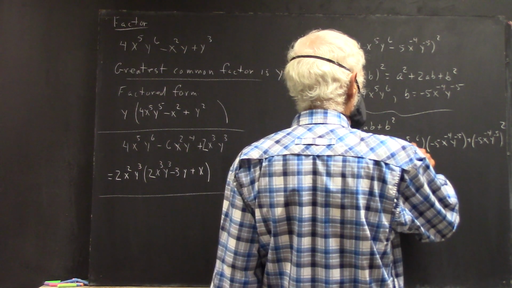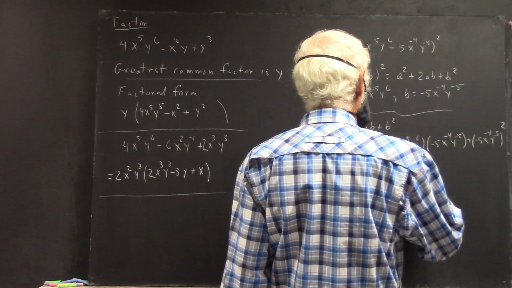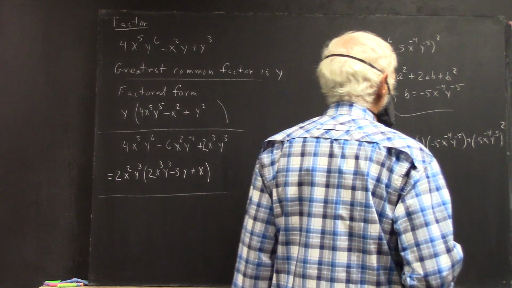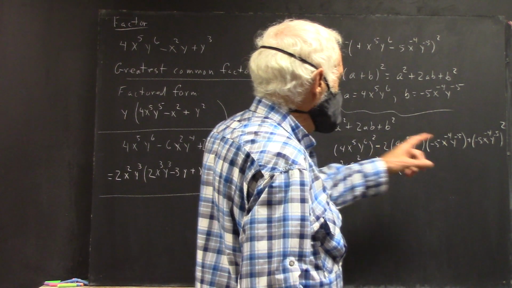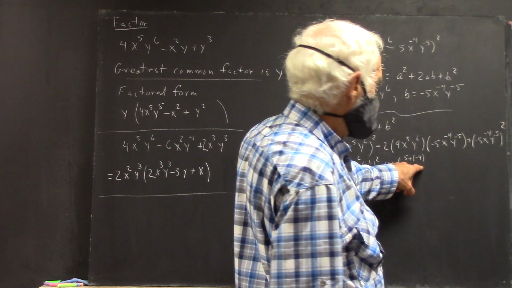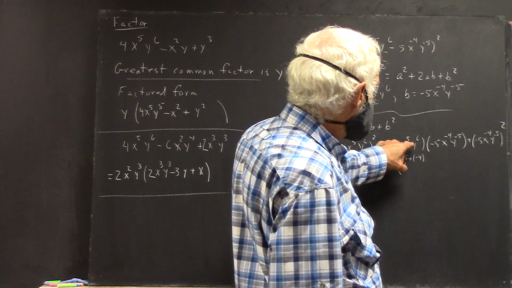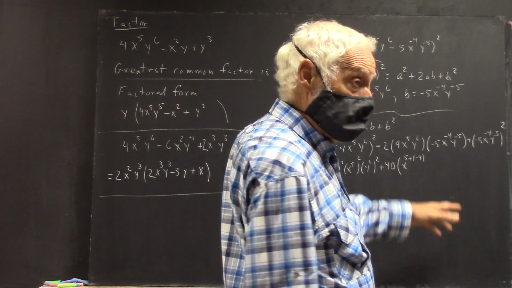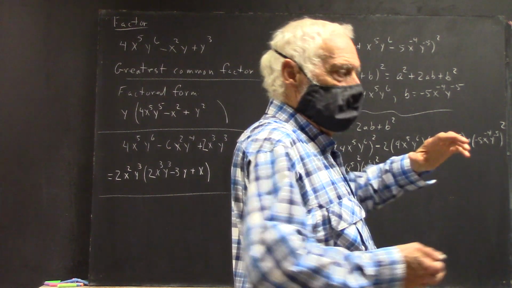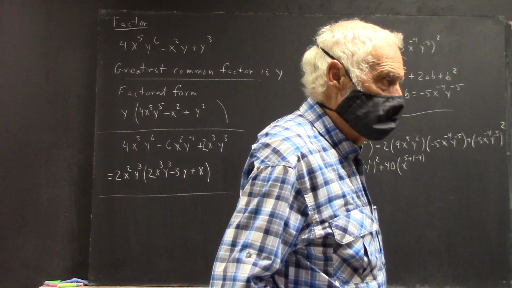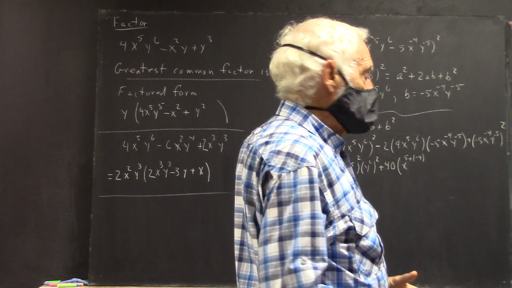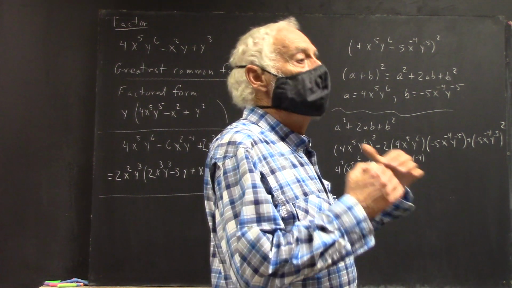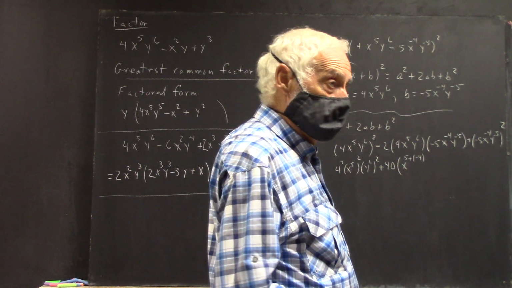Then we're going to get x to the fifth times x to the negative fourth, which is x to the 5 plus negative 4. And I don't write that as 5 minus 4, I write it as 5 plus negative 4 to emphasize that we're adding these exponents. That is, of course, 5 minus 4, but when you're dividing, sometimes you subtract exponents, and you want to be careful that you write it down as literally as possible according to the rules for multiplying two numbers with the same base with different exponents.